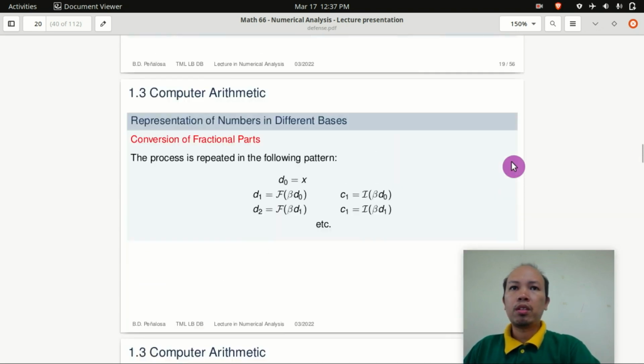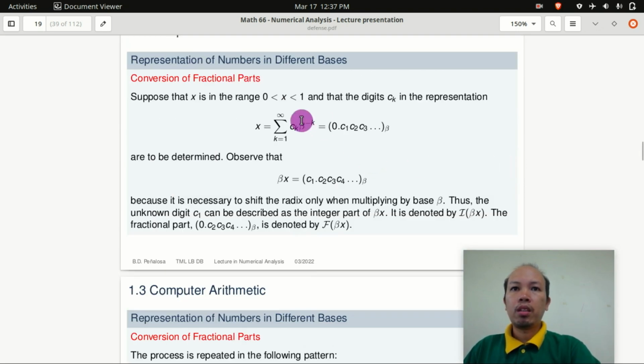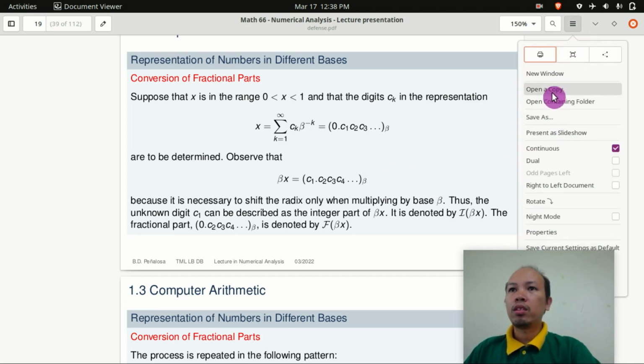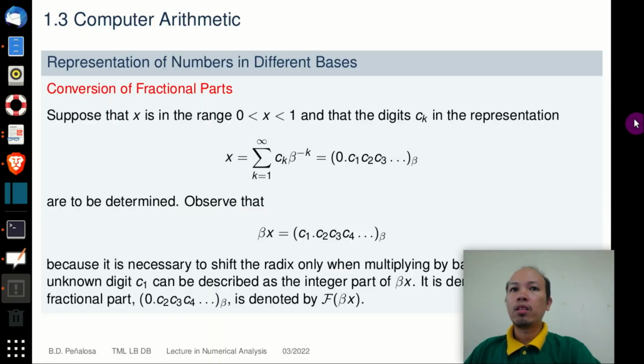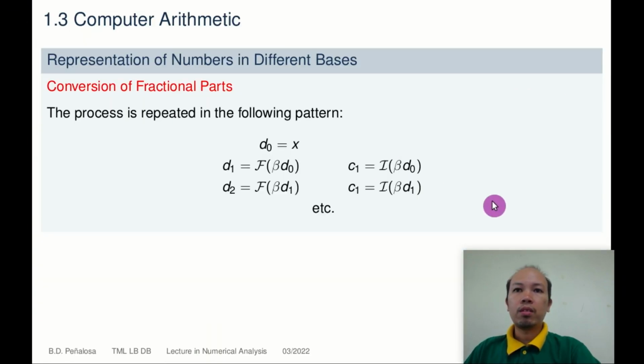So as you can see here, you can replace beta with any base from 2 and so on. So that will work for any beta. Okay, so let's proceed.